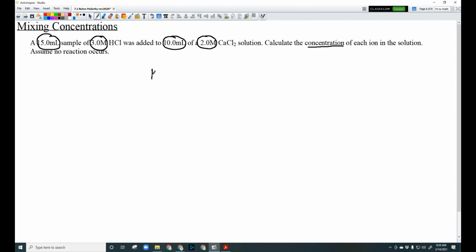All right, so let's look at this. We have HCl that we're adding to CaCl2, okay? And when we do this, we're going to get hydrogen ions, chloride ions, calcium ions, and chloride ions.